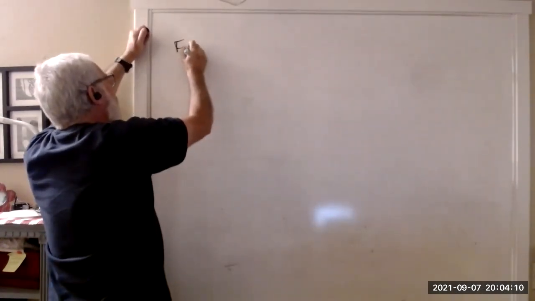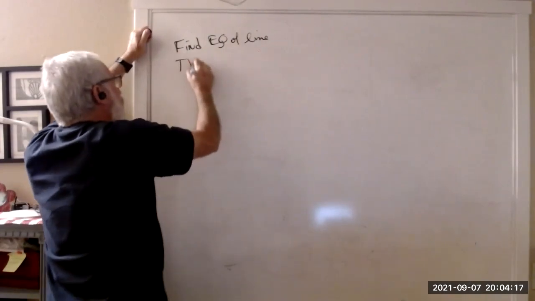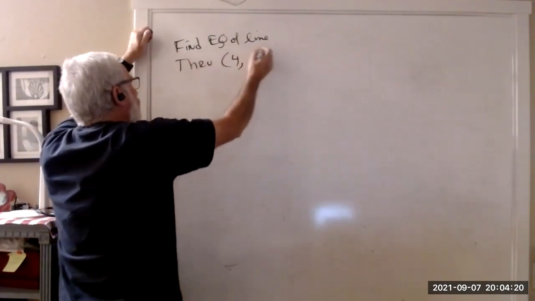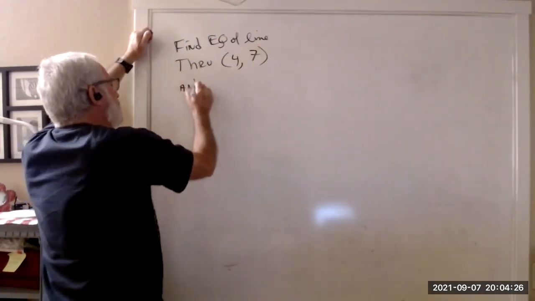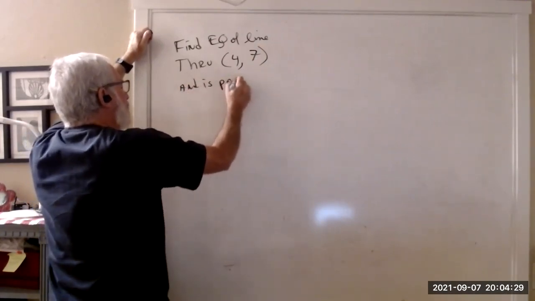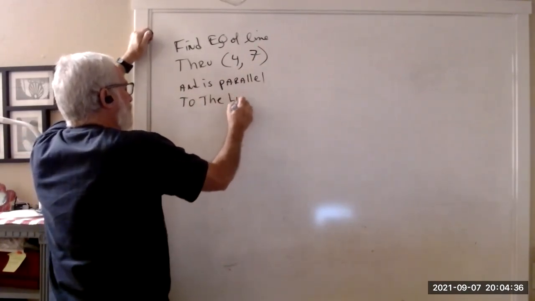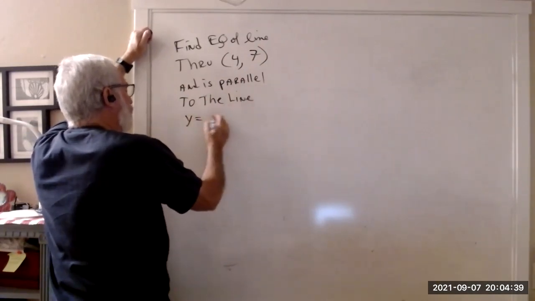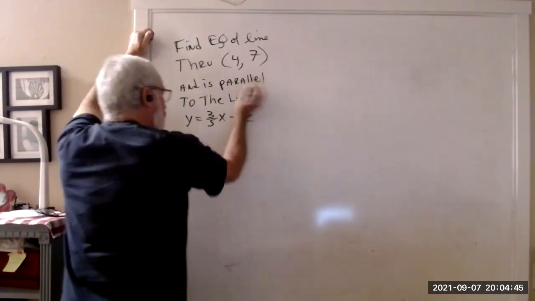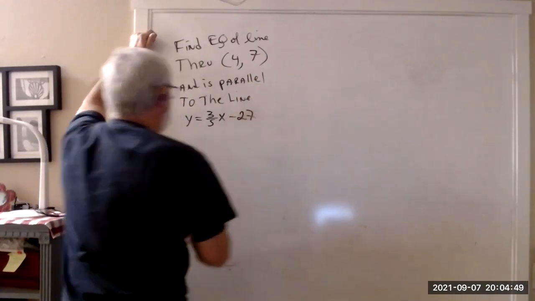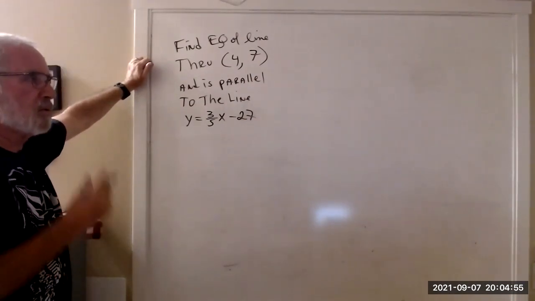Suppose I said find the equation of a line that goes through the point (4,7) and is parallel to the line y = 3/5 x - 27.